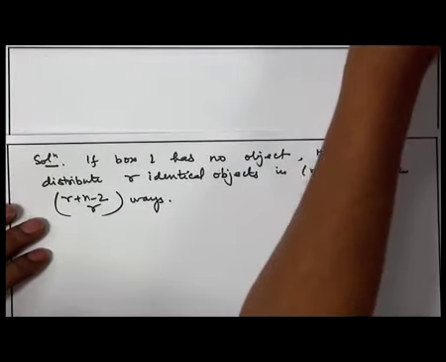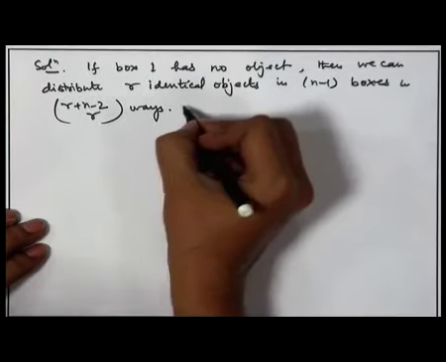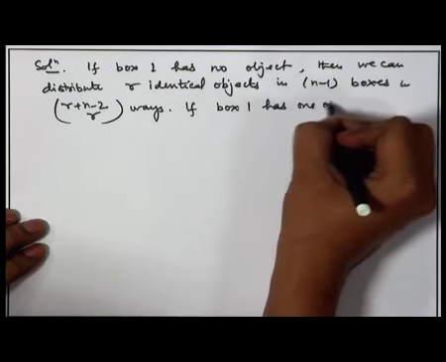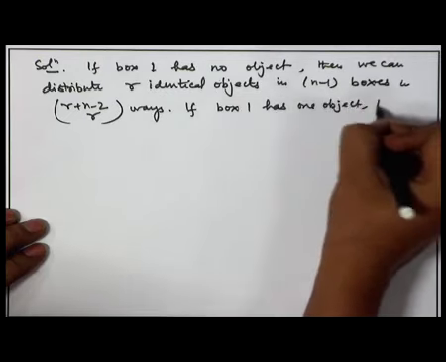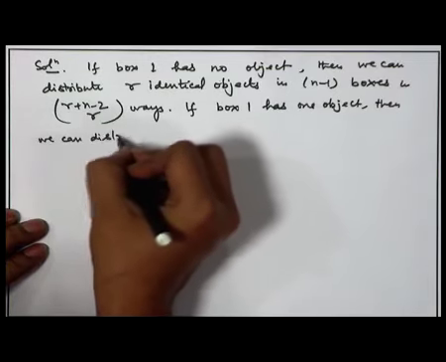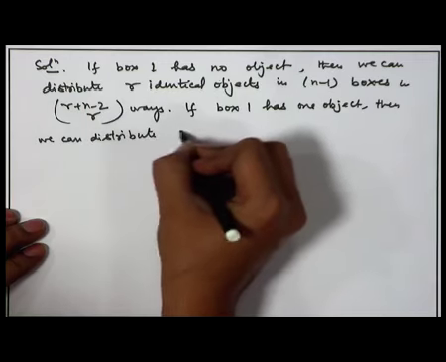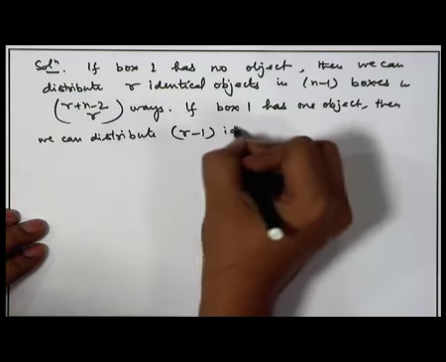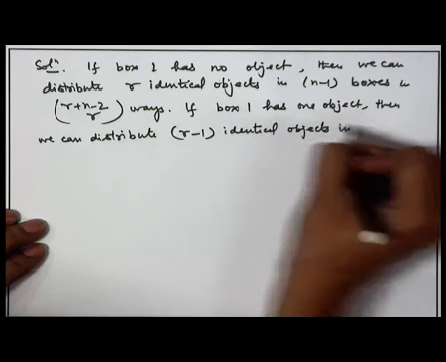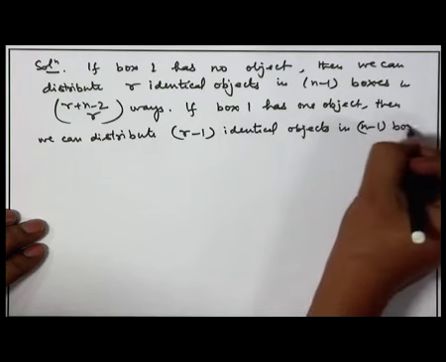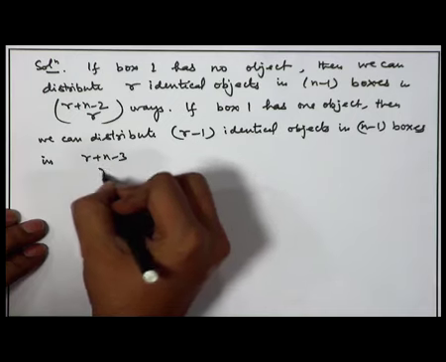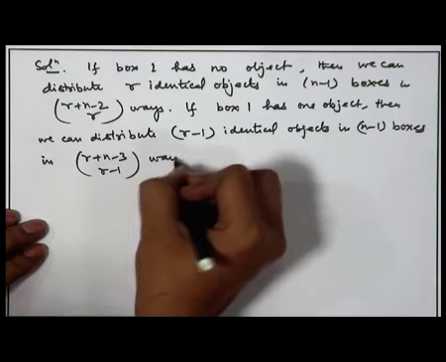And if box 1 has one object, then we can distribute r-1 identical objects in n-1 boxes in (r+n-3) C (r-1) ways.